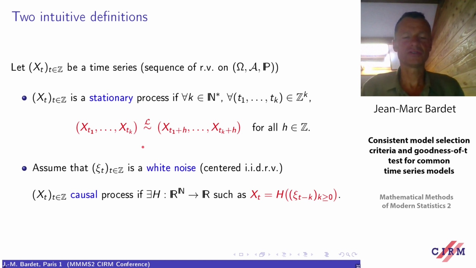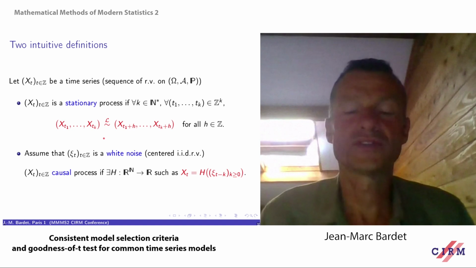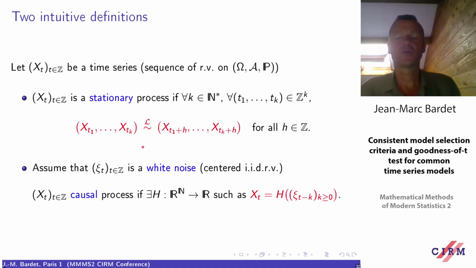And the second definition we will use a lot here will be to define what is a white noise. A white noise is a centered sequence of IID random variables. And we will say that Xt is a causal process if there exists a function H, going from R^N to R, such that Xt is equal to H of the past of the white noise.